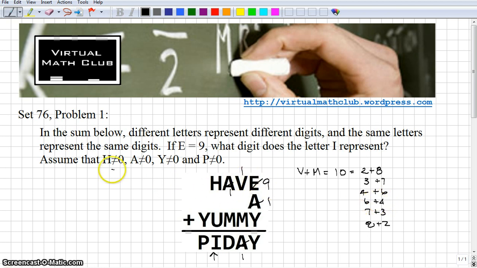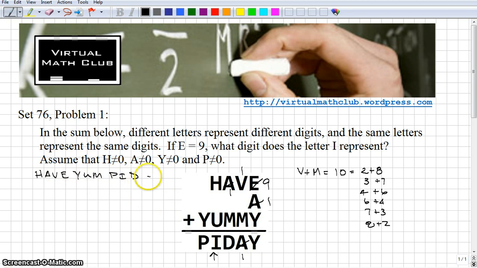Another thing to notice too is that we have a lot of letters, and we only have a certain number of digits. We've got the digits 0 through 9 to work with, so we have 10 digits. The different letters that we have are H, A, V, and E. A is a repeat. We have Y, U, and M, and then another M and another Y. And then we have P, and we have I, and we have D, another A, and another Y. So how many digits is that? 1, 2, 3, 4, 5, 6, 7, 8, 9, 10.